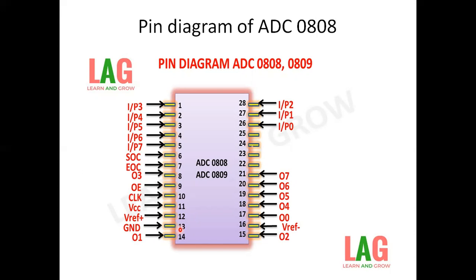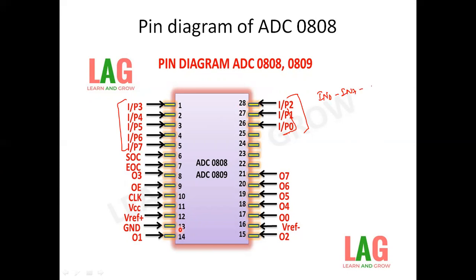In this pin diagram, we have the input ports IN0, 1, 2, 3, 4, 5, 6, 7. So we call them the input ports IN0 to IN7.